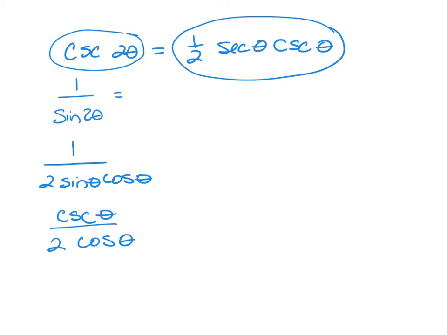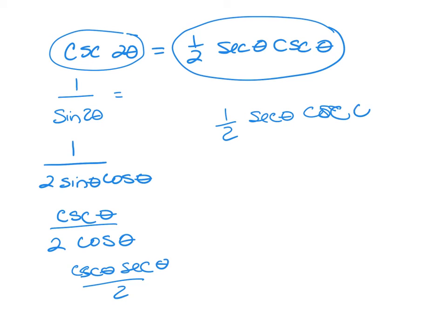Right? Now if I want to move the cosine upstairs, what does it become? What's the reciprocal of cosine? Secant. So it's going to be cosecant secant, and then the 2 downstairs, right? When there's a 2 downstairs, it's the same as 1/2 secant cosecant. And that's what it's supposed to be. So we're done.